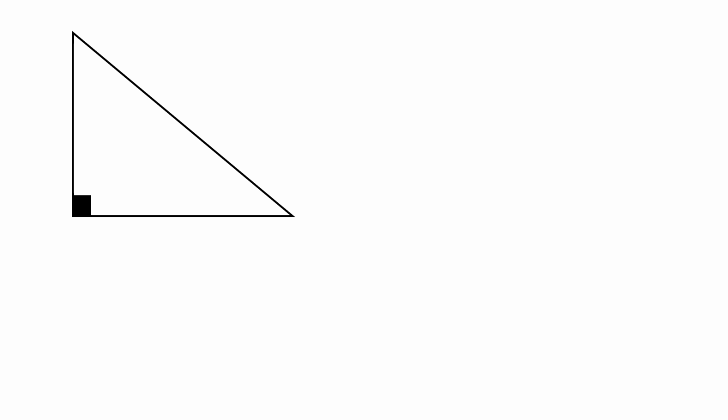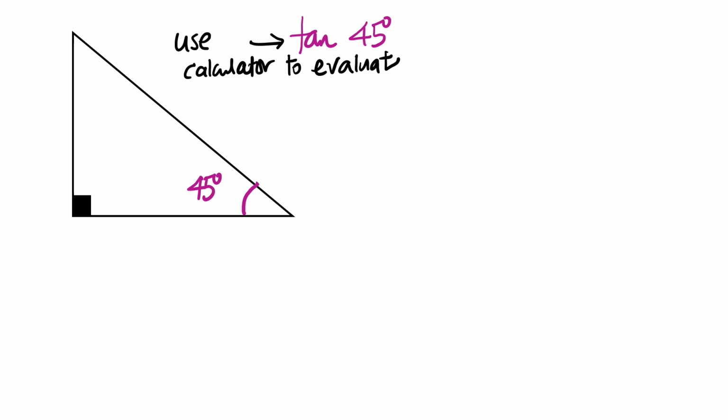So likewise, we start off with a right angle triangle, and we're interested in 45 degrees. Tangent 45, you can easily use the calculator to evaluate, and you'll get 1. And you can actually write 1 as 1 over 1 because 1 divided by 1 gives you 1. Why do you want to do that? Because we want to express it as a ratio.